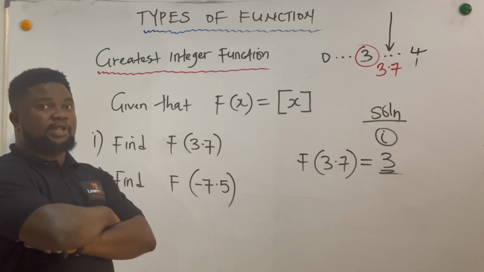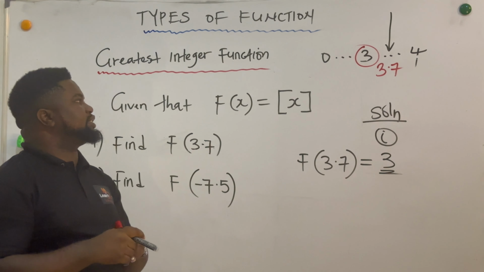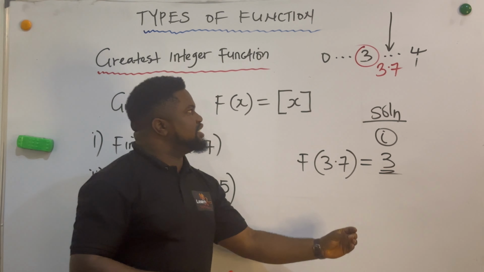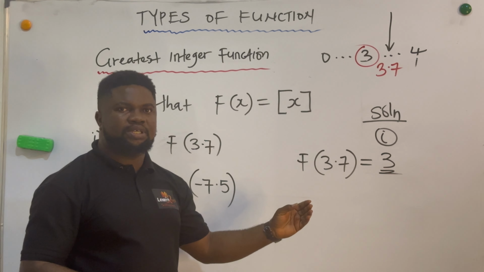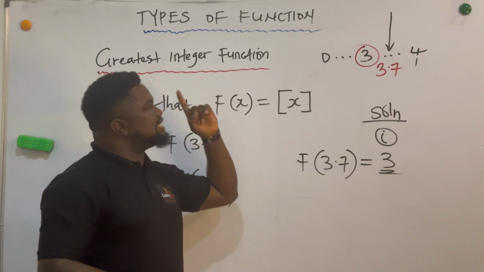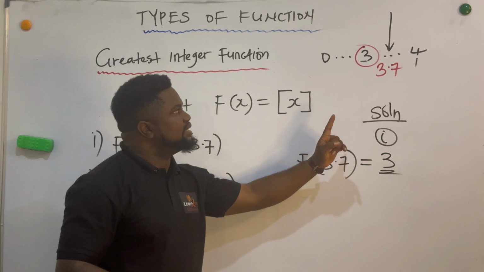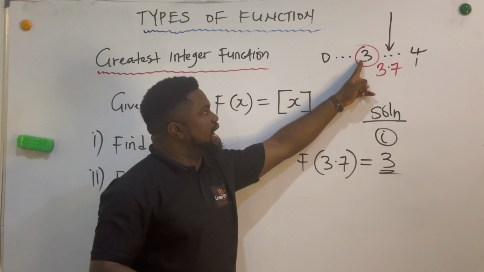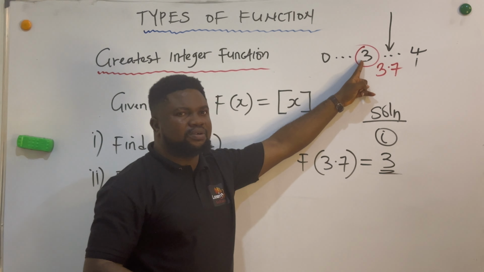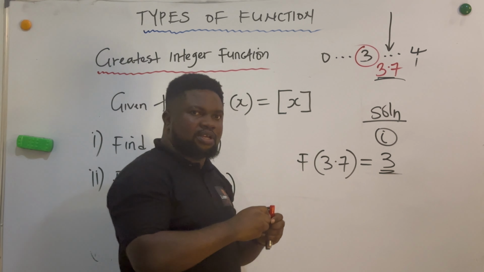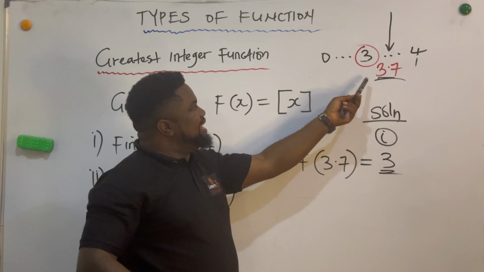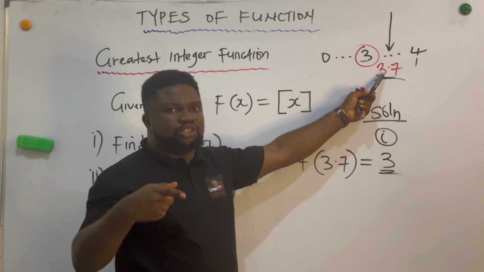That thing you are thinking is not correct. The greatest integer value is the greatest integer that is less than the value you are looking for.